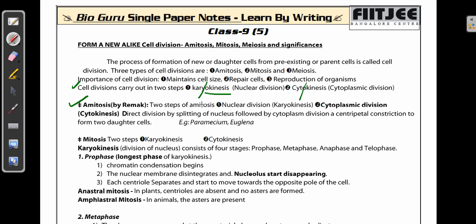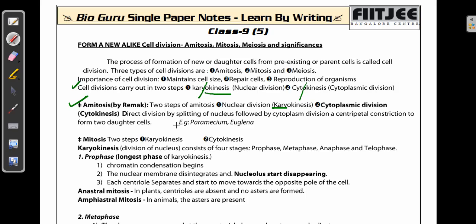Amitosis had a brief introduction last time. This event takes place in two steps. The nuclear division takes place without a definite change in the chromosomes, and second is the cytoplasmic division. So it is a direct division. That's why amitosis is also called the direct division, because of the splitting of the nucleus and then the centripetal constriction to divide into two daughter individuals.